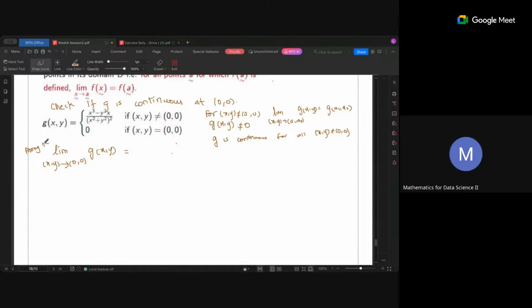So as x goes to 0, the limit does not exist, right? So you see the limit does not exist.